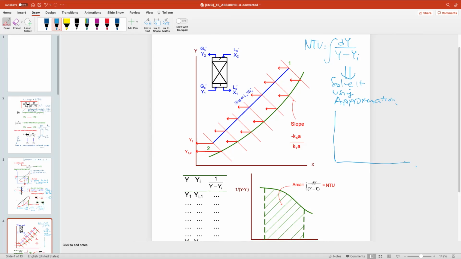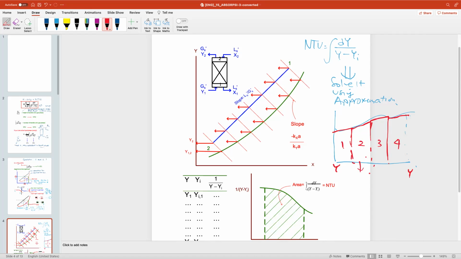Okay, so in the Trapezium Rule, if you have a graph like this, and we don't know how to integrate it, we can divide it into, for example, 4 parts, and then we calculate the area of number 1, number 2, number 3, number 4, and then we sum them up.